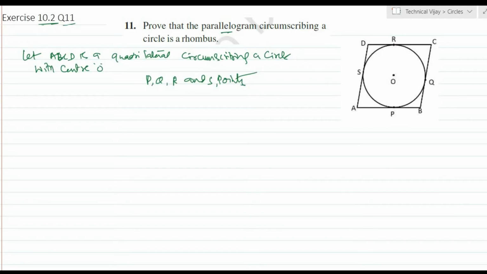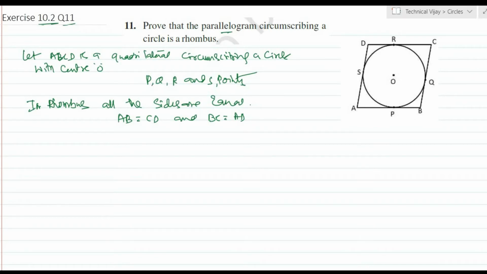In a rhombus, all the sides are equal. So we have to prove that AB is equal to CD and BC is equal to AD, and all are equal.